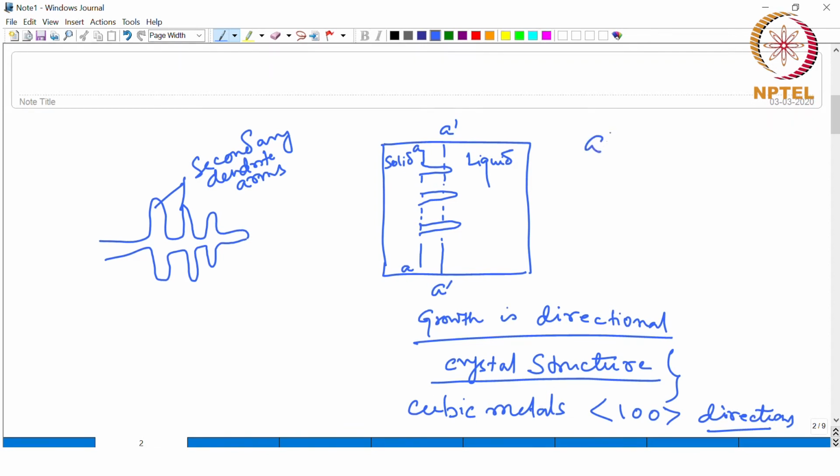So, across this section, if you see the temperature in between two consecutive branches of these cells, that means the temperature over here and the temperature at the cell walls.